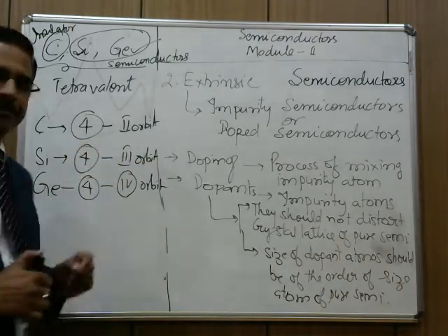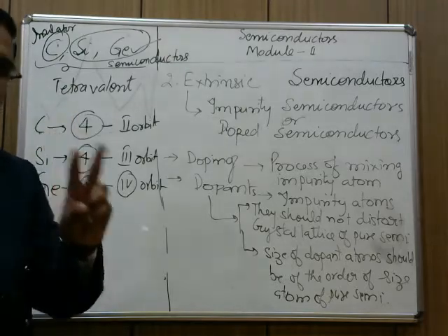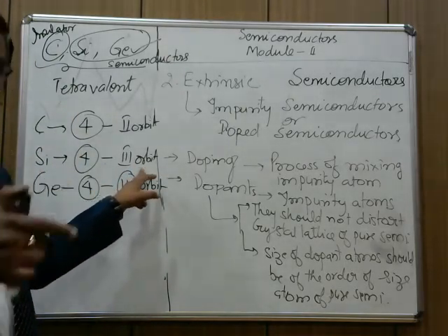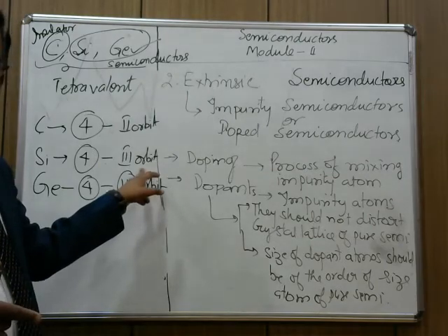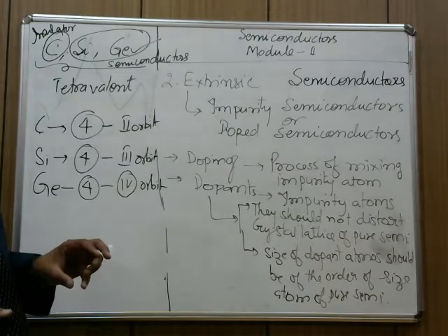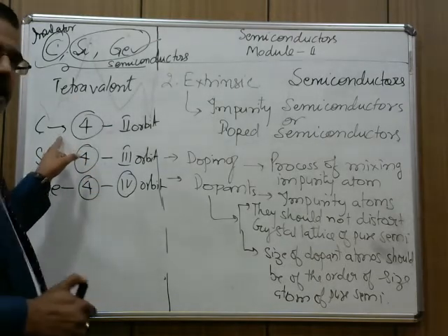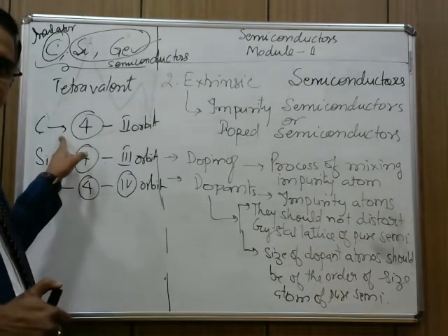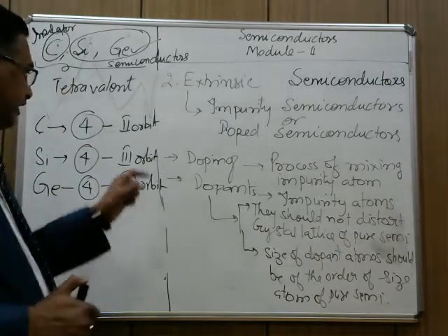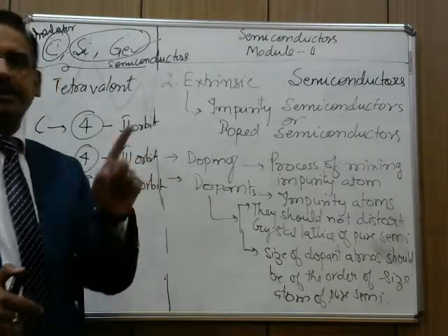In silicon, the outermost electrons are revolving in the third orbit. The force of attraction due to the nucleus is lesser than carbon but more than germanium. That's why silicon has little conductivity.